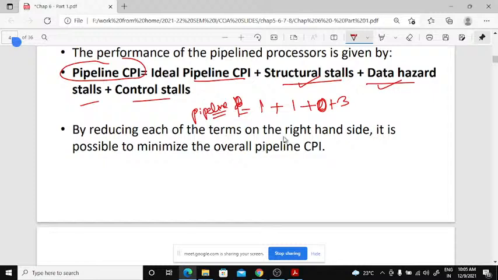But in real time, there will be more hazards or problems during instruction execution. By reducing each of the terms on the right hand side, it is possible to minimize the overall pipeline CPI.